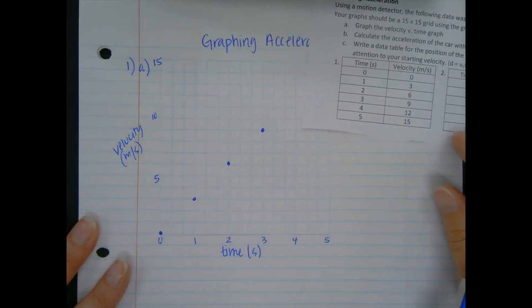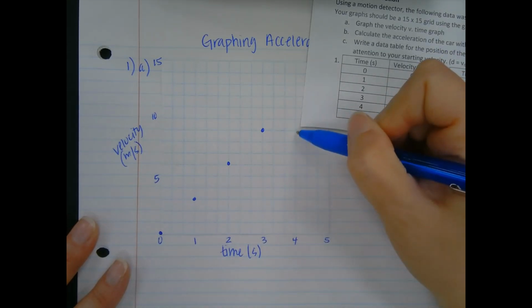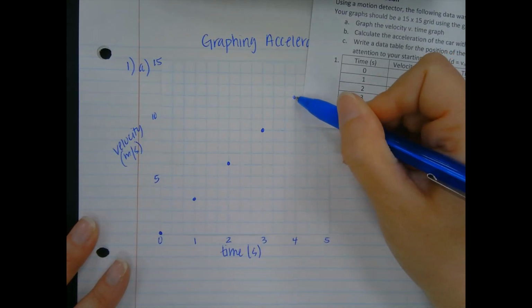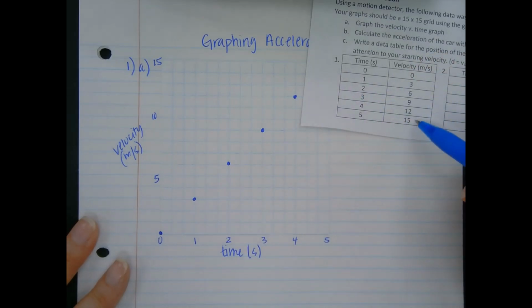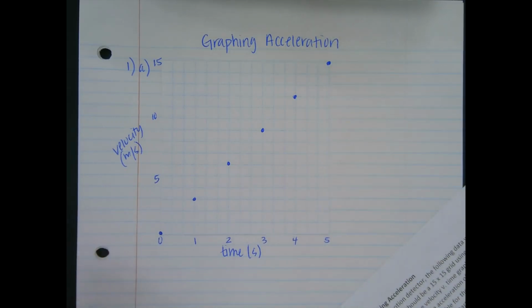At 4 seconds, I'm at 12 meters per second, so let's see, 9, 10, 11, 12. And then lastly, at 5 seconds, I'm at 15 meters per second, which is going to be up here at the top corner. Those are my data points for my scenario.